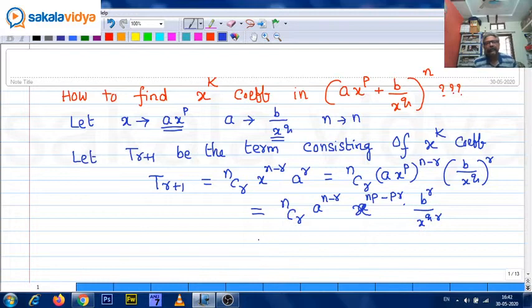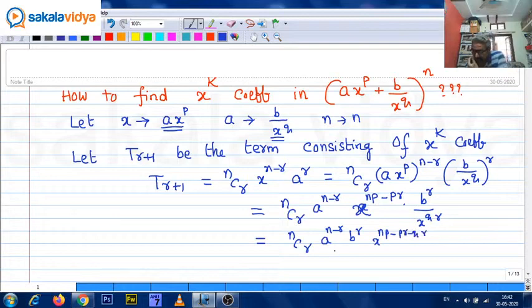We can write nCr a^(n-r) b^r x^(np - pr - qr).